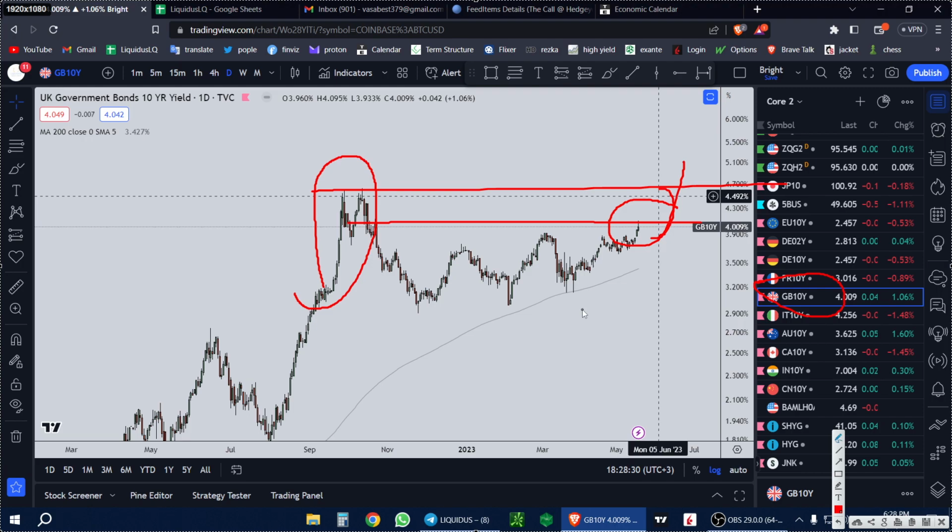The rate of change of the move, meaning the velocity, is very much of importance, but the level is of importance as well. If it stays at that level for a prolonged period of time, it is going to have the same impact as this high-velocity move to this level, which caused a panic within the UK central bank, and they were forced to reverse the QT policy.